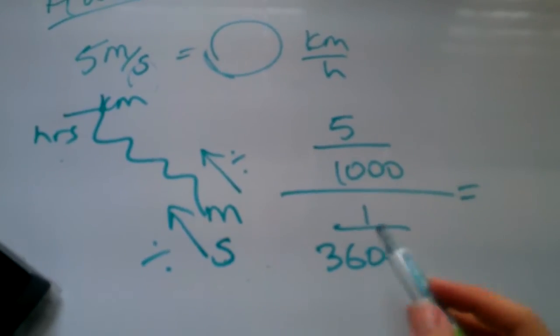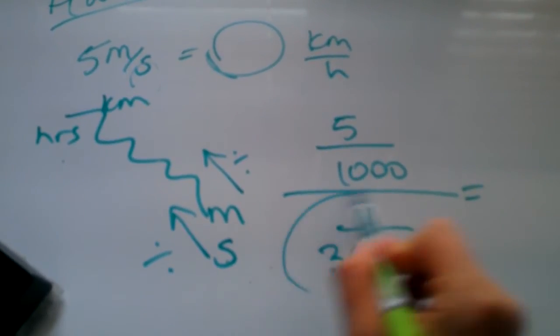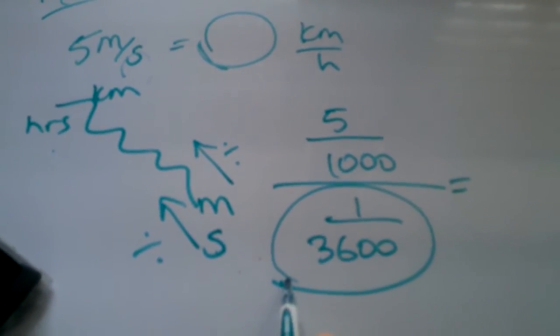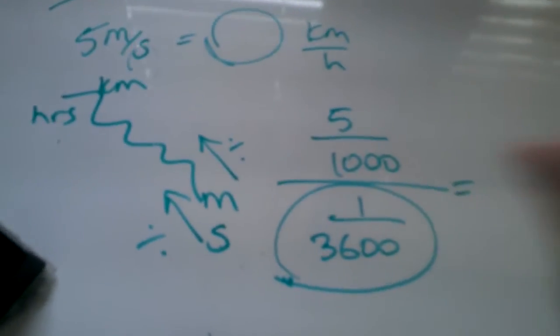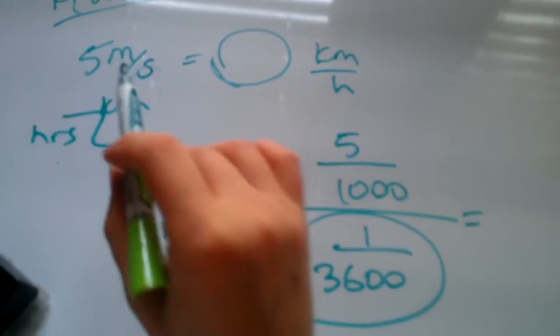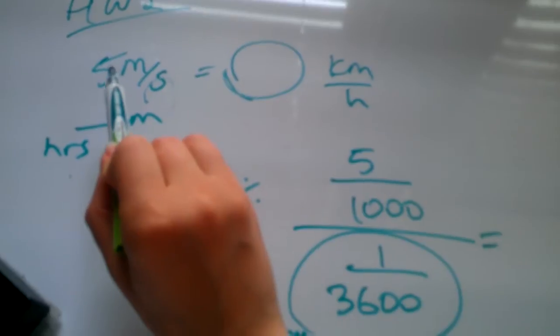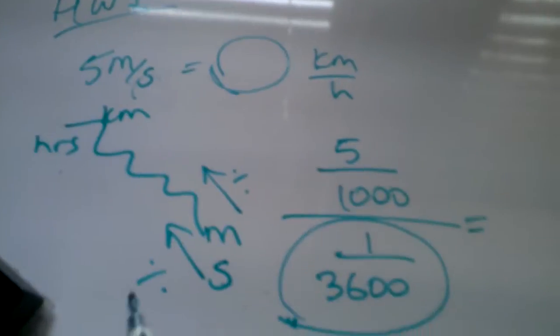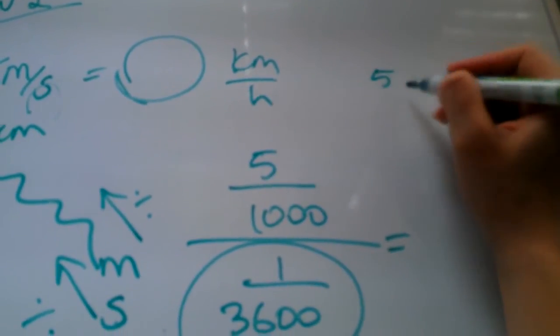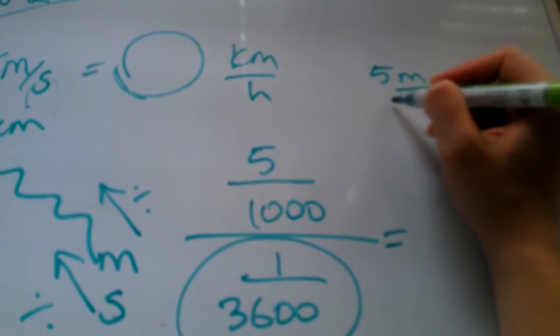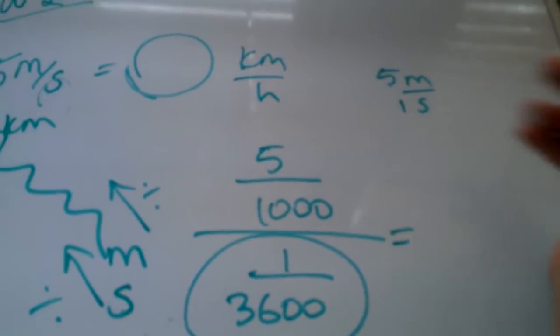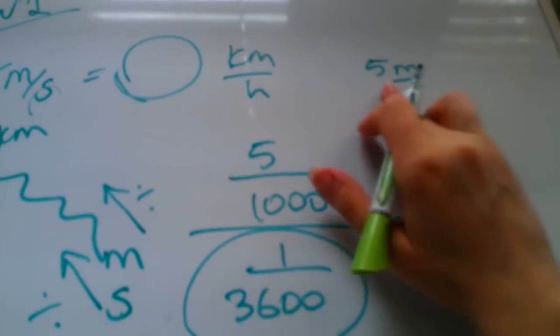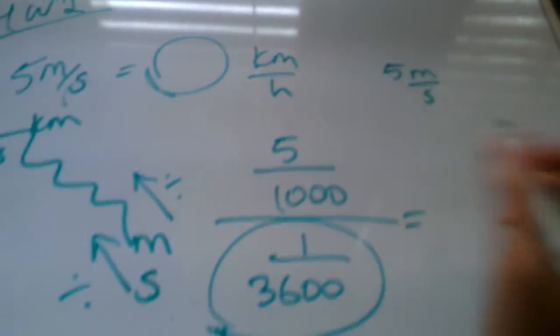You may now ask why I'm doing this. This is the problematic part for most of you. Let's elaborate on that. Do you agree that I have 5 meters per second? Let's write it out: 5 meters per 1 second. So now just do the math.